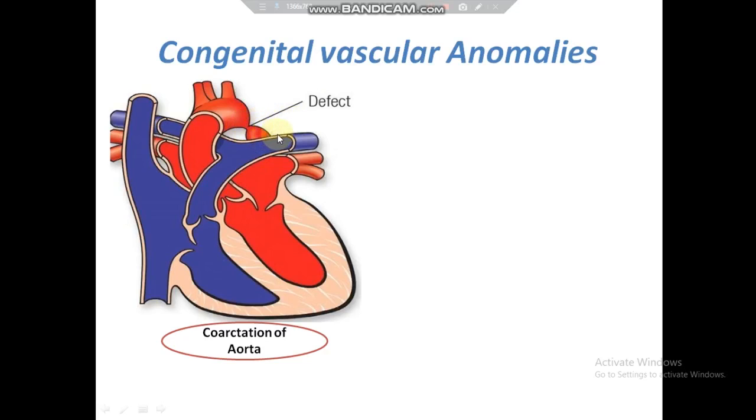Either it can occur just before the origin of the ductus arteriosus, which is called preductal coarctation of the aorta, or sometimes it may occur just distal to the ductus arteriosus. That is called postductal coarctation of the aorta.